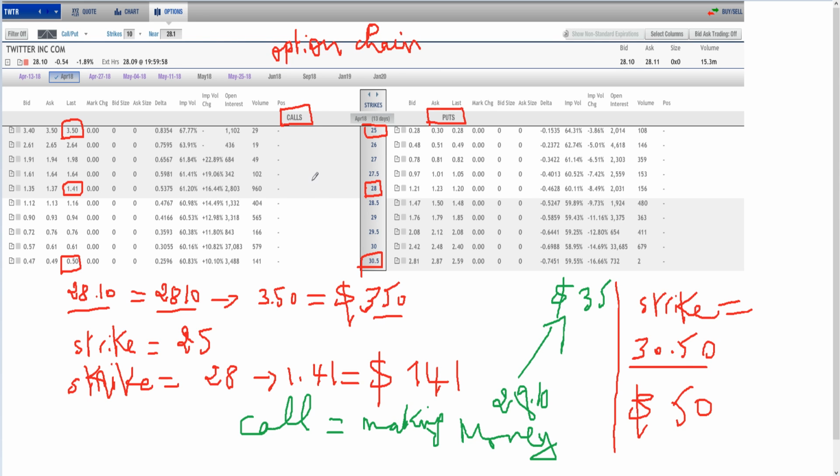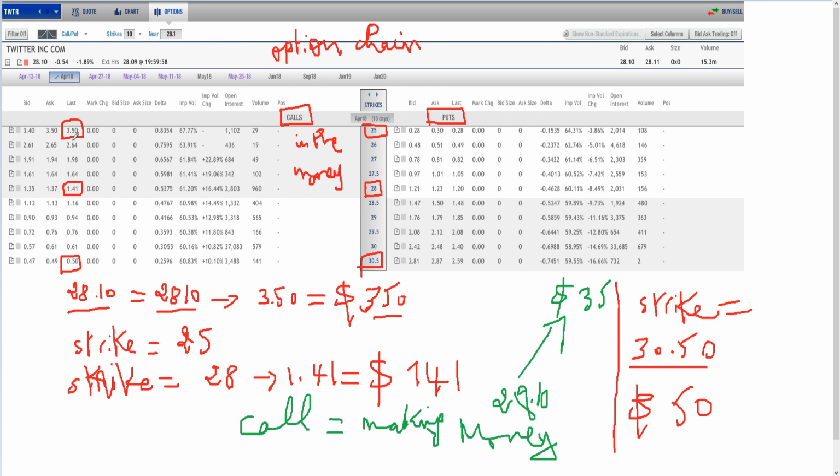Now, if the price is the same or under the call strike, this is called in the money. In the money, it means you are buying something that has intrinsic value. It means it has a value.